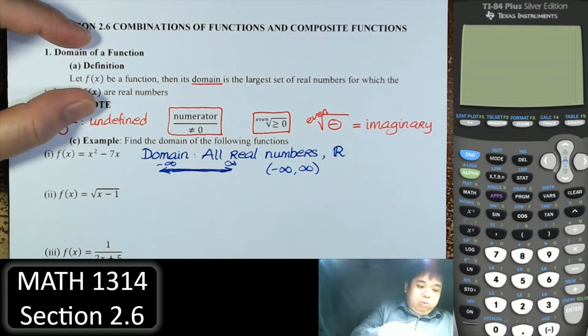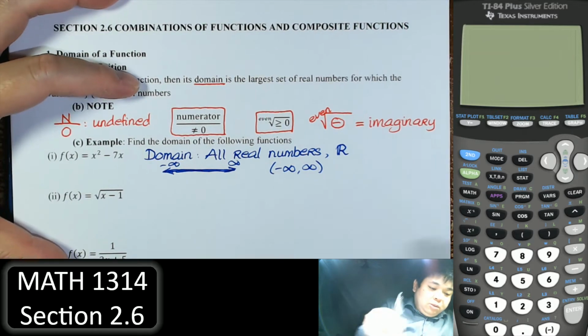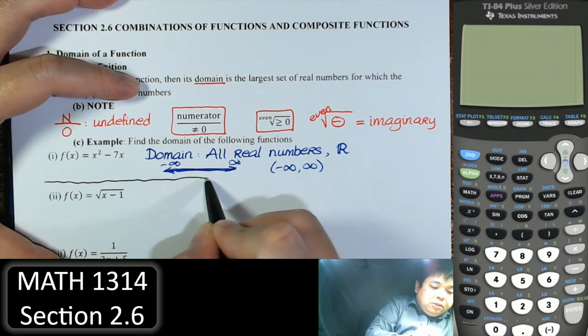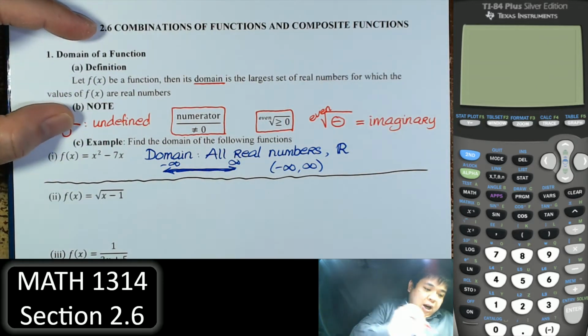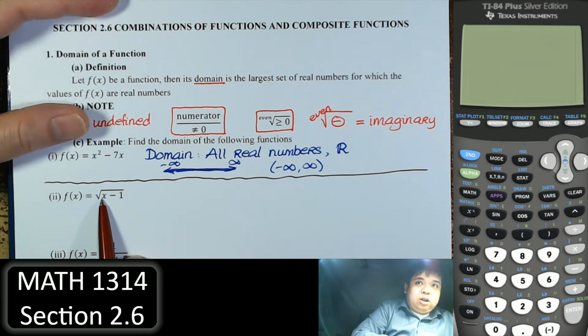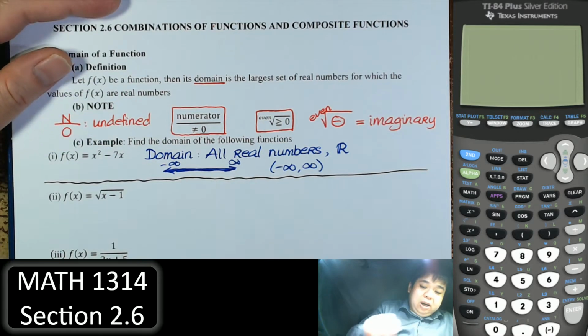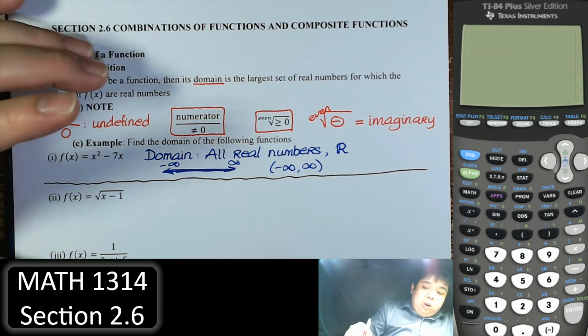Either one of these is the domain for that function, which is everything, all real numbers. Right. Next, we have a square root, or an even root, here. We cannot have a negative inside the square root, so the domain is whatever makes it positive or 0.